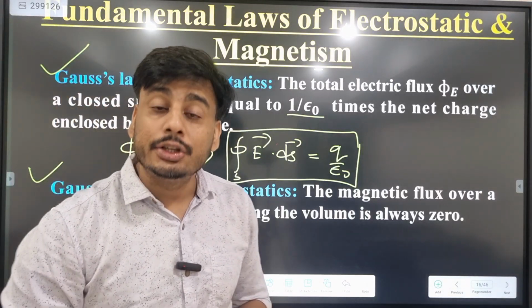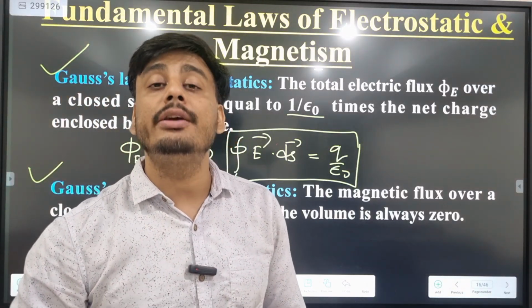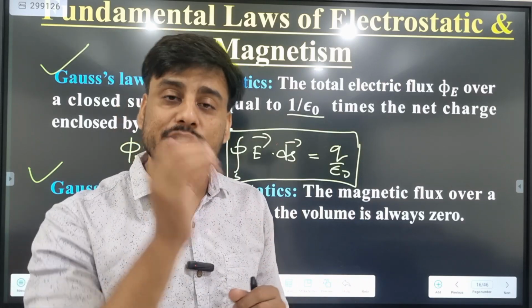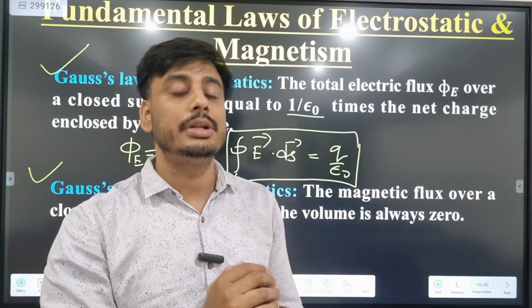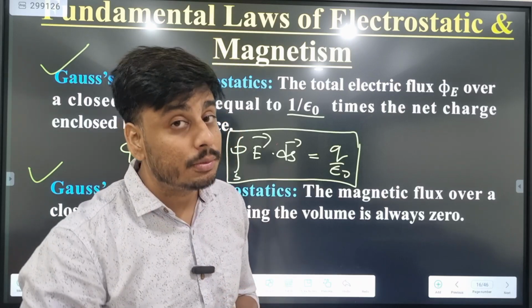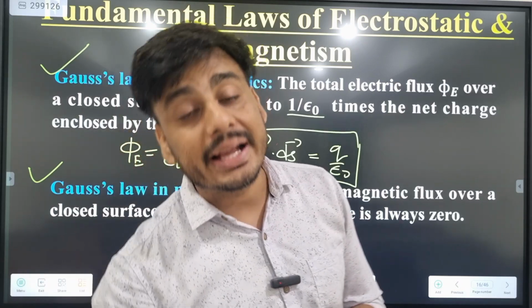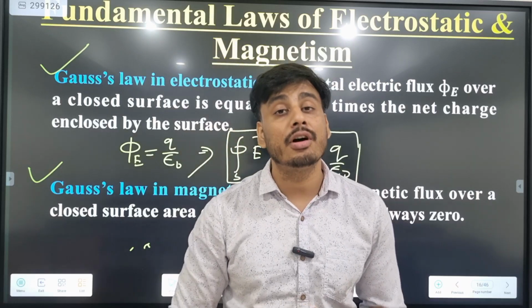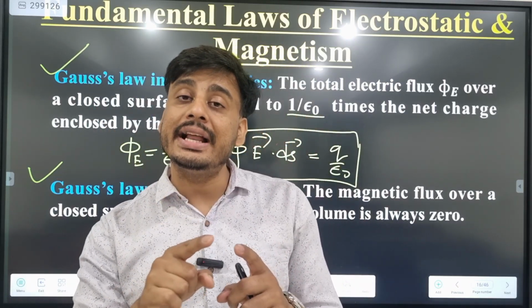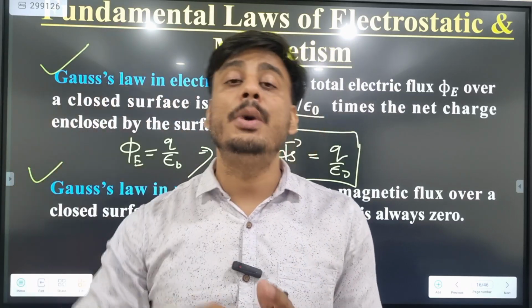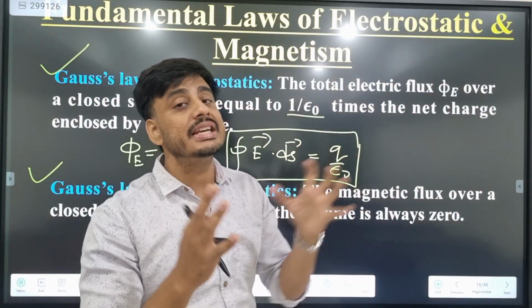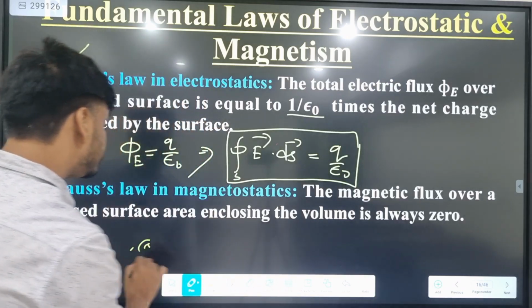Second one is Gauss law in magnetostatics, or magnetism. It states that the net magnetic flux through any closed surface of any shape in a magnetic field is always zero. Why zero? Because you must remember the concept that magnetic field lines always form closed loops. The number of magnetic field lines entering the surface must be equal to the number leaving the surface, so the total flux is always zero.